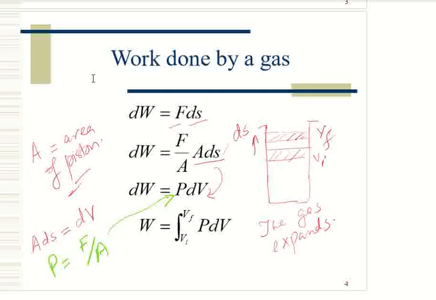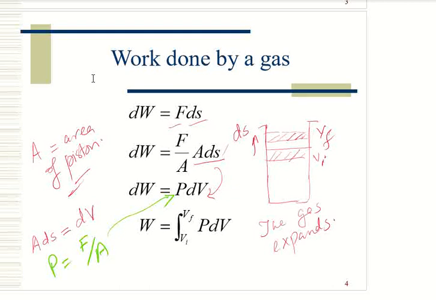In actuality, both quantities do change. Pressure also changes. So there is a quantity dP V and there is a quantity P dV, but we are only considering the infinitesimal work done that has been accomplished with just the change in volume.